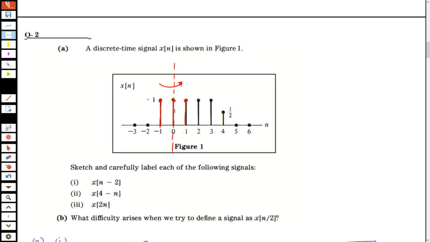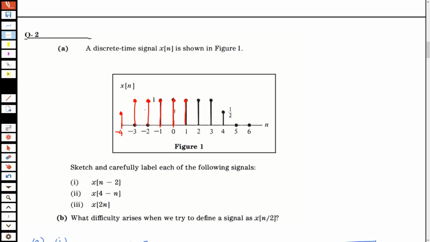These 3 will go this side, so they have come here. 4 would go, 3 would go to minus 3, okay, and 4 would go to minus 4. So this is how reflection, or in this case scaling, has happened.